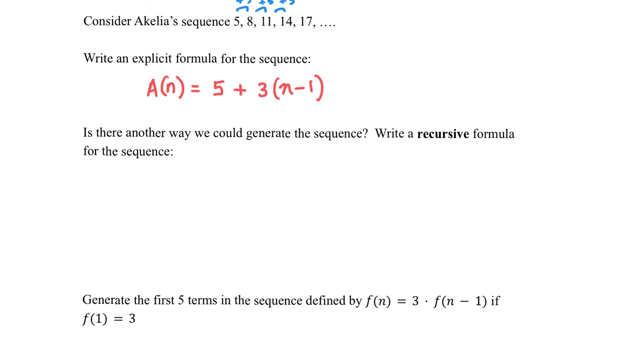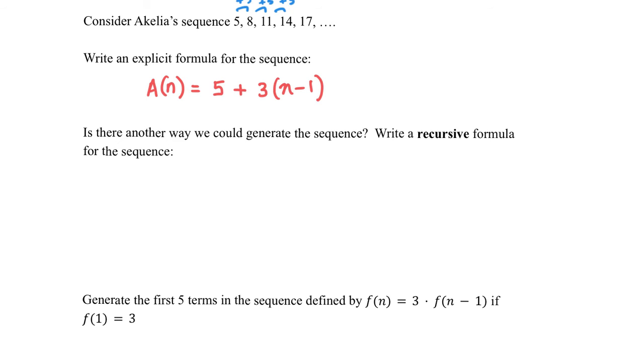Well, if you examine this, isn't 8 just take the previous term and add 3 to it, and 11 is take the previous term and add 3 to it, and 14 is take the previous term and add 3 to it? So you could describe this sequence to somebody and say, to get any term in the sequence, say the 100th term, you would just take the 99th term and add 3 to it, and that will give you the 100th term. That's what we call a recursive formula.